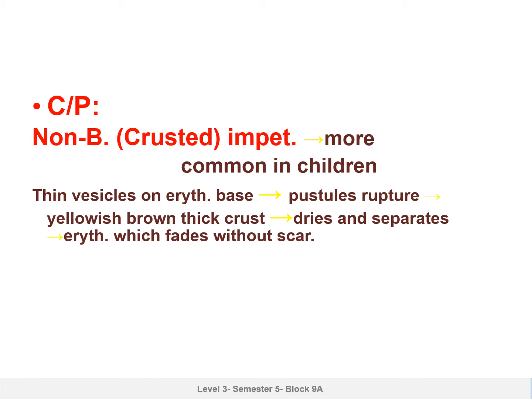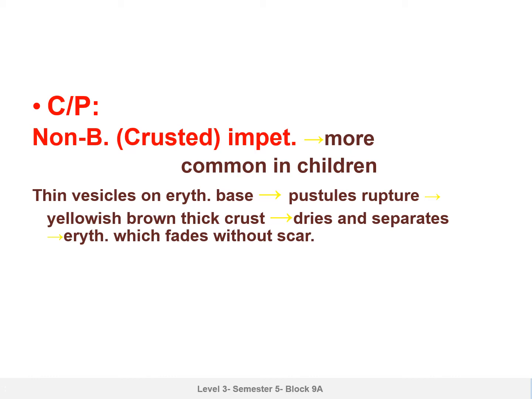A crust is a secondary lesion appearing on the skin, characterized by dried sebum or dried secretions like blood or serous fluid. So when you read this slide, you must know the primary lesions, vesicle and pustule, and the secondary lesion, which is crust.